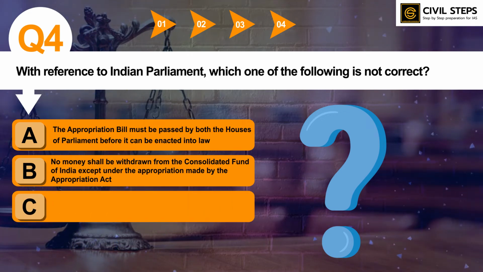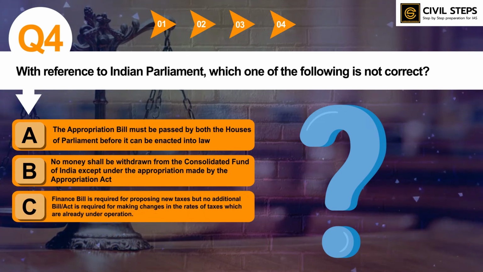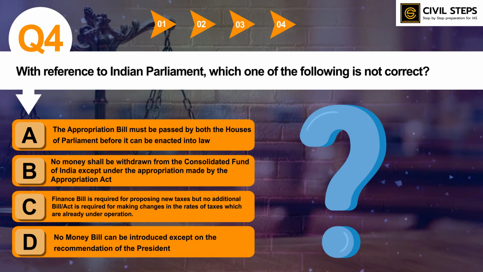Option C, finance bill is required for proposing new taxes, but no additional bill or act is required for making changes in the rates of taxes which are already under operation. Option D, no money bill can be introduced except on the recommendations of the President.